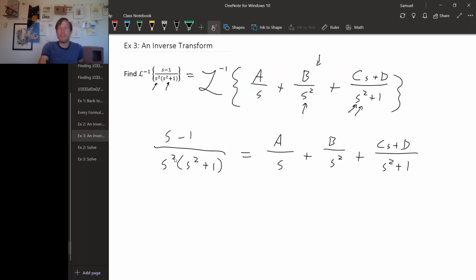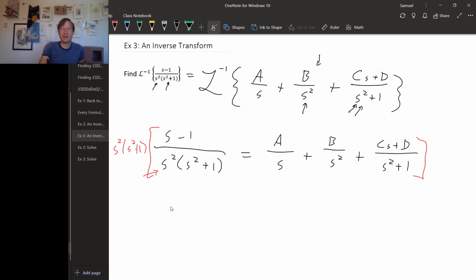Okay, now there are many tricks for finding the unknown coefficients in partial fractions. One nice way to start is take this entire equation and clear all the denominators by multiplying everything by the denominator on the left. So we're going to multiply everything by s squared times s squared plus 1.